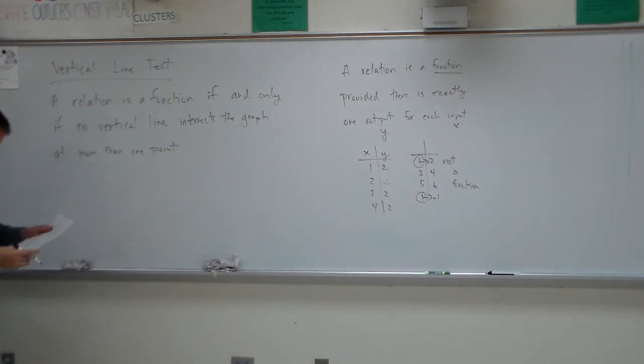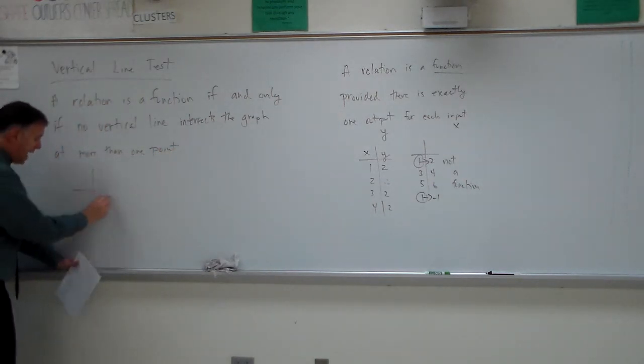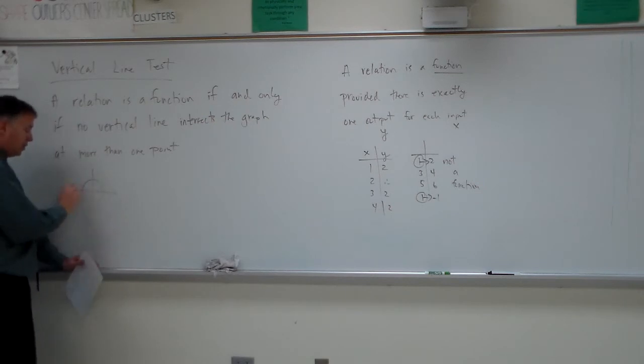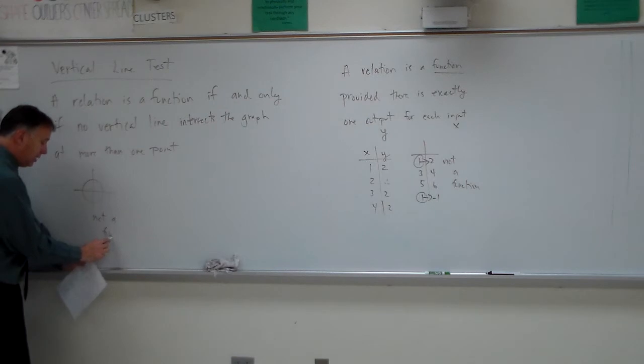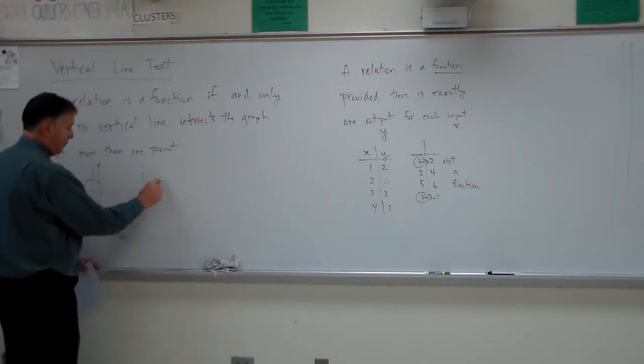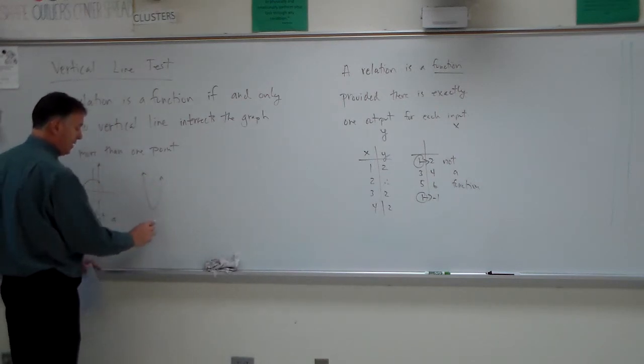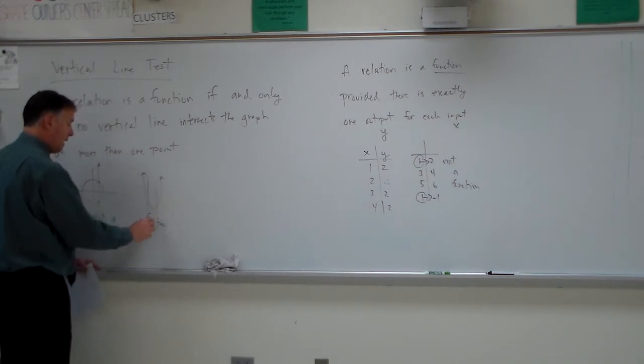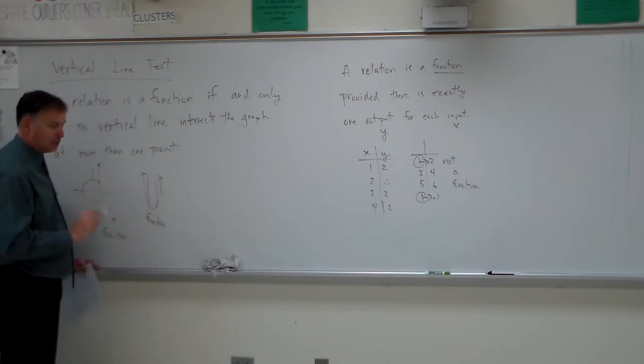Okay? So, if I had a graph of a circle, it is not a function, because if I made a vertical line, it would hit my graph in two places. If I had a parabola that opens up, this is a function, because no matter where I draw my vertical line, it's only going to hit my graph in one spot.